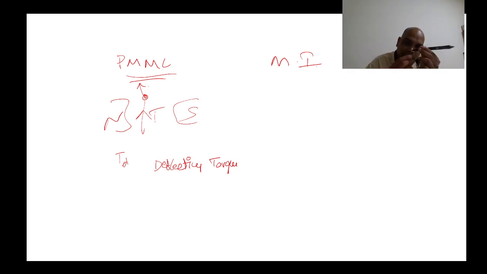If the spindle is connected to the conductor and the conductor is moving, the spindle will also move. Understand? So the deflecting torque is developed, and due to it the spindle is moving.